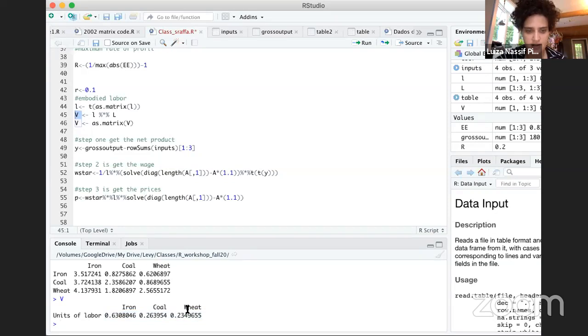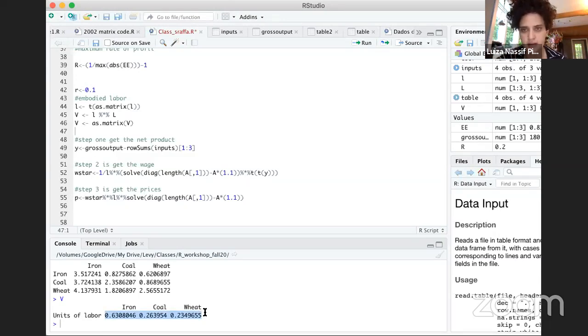You might want to go back. It might be that the labor embodied is defined as that times Y. I'm not 100% sure, but it is a possibility, where you're asking what is the total amount of labor in your economy when you multiply it by Y. I can check and let you know. So this is measuring labor embodied in terms of 1 unit of each of these commodities.